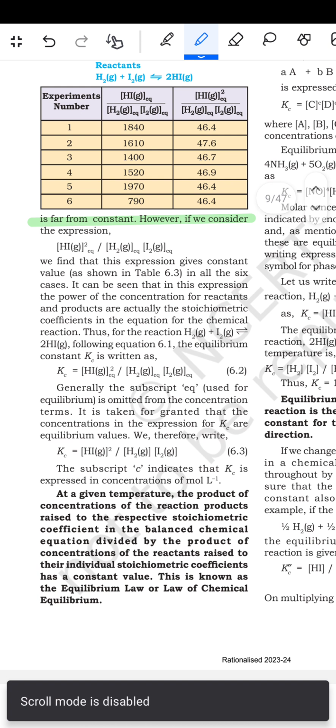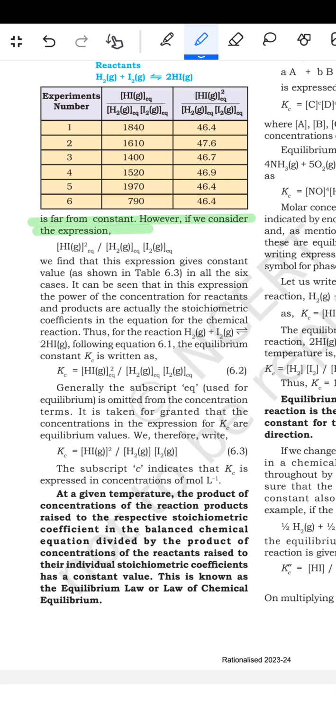However, if we consider the expression [HI]²/[H2][I2], we find that this expression gives a constant value in all the 6 cases. It can be seen that in this expression the powers of the concentrations of the reactants and the products are actually the stoichiometric coefficients in the equation for the chemical reaction.